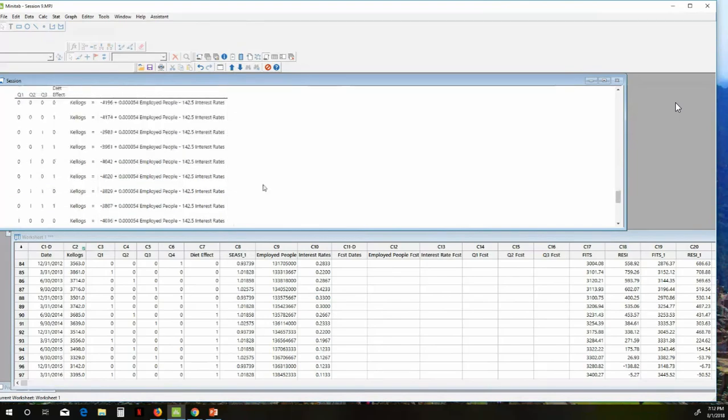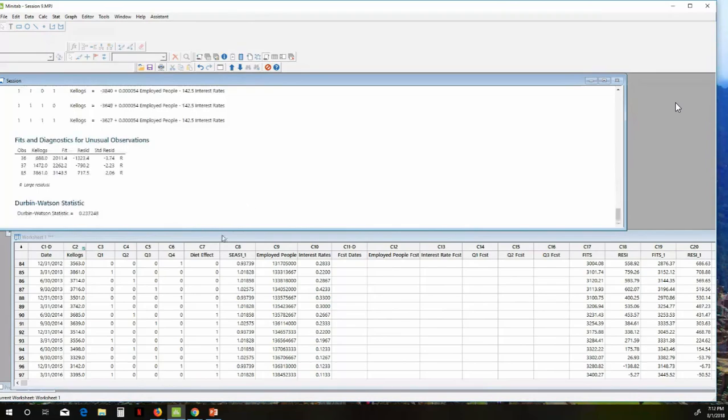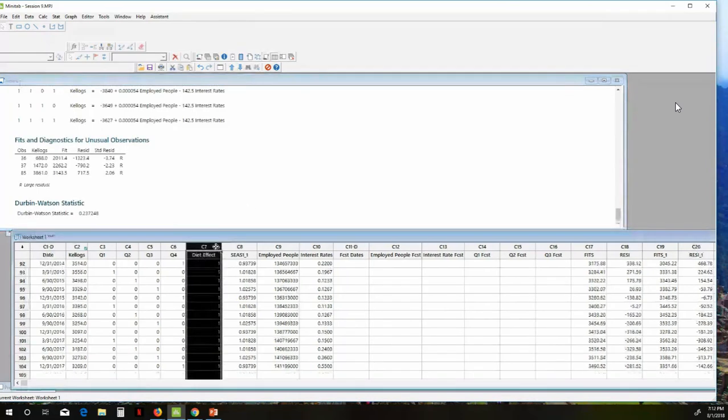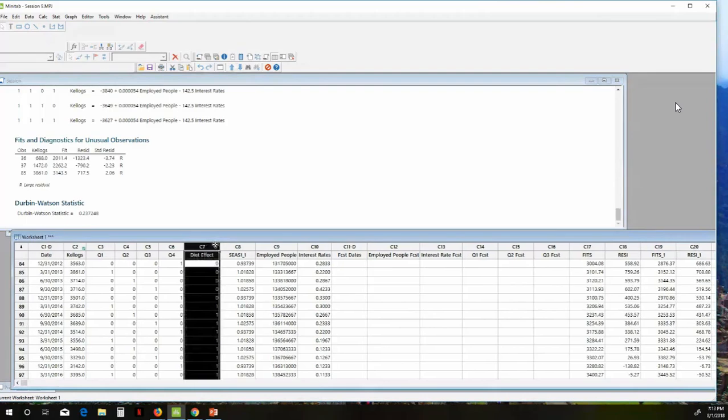Let's adjust it a little bit and rerun it and see if it influences it at all. Let's adjust it 2 periods. Rerun the model and see what happens.